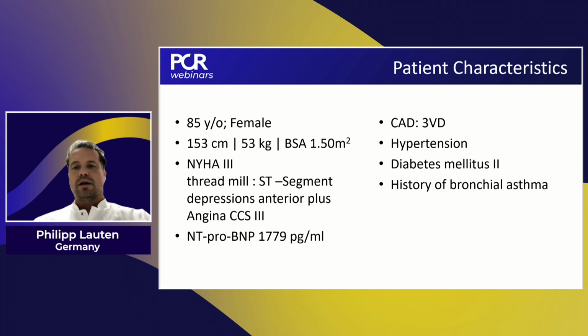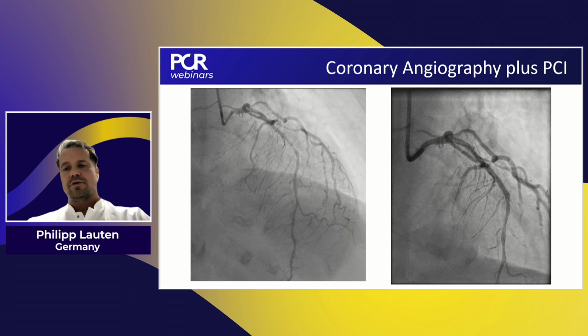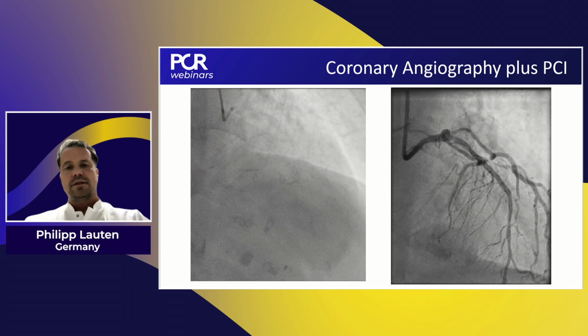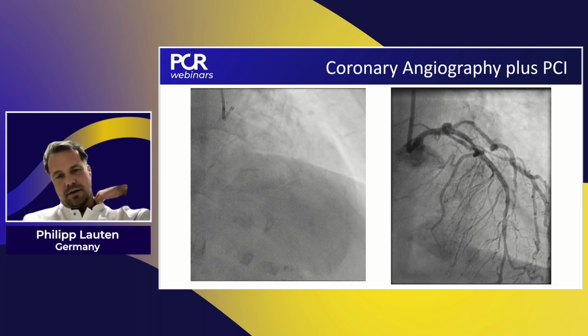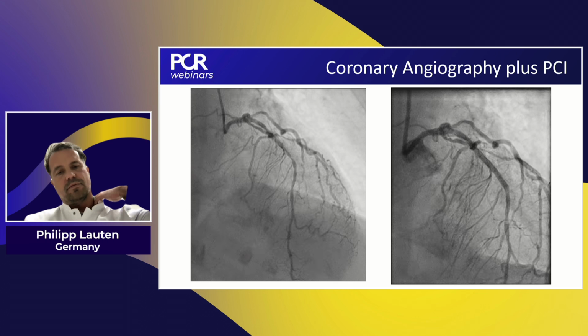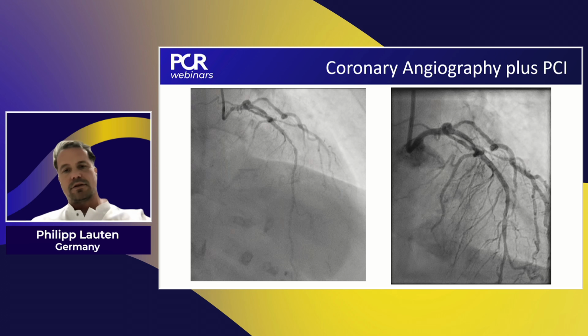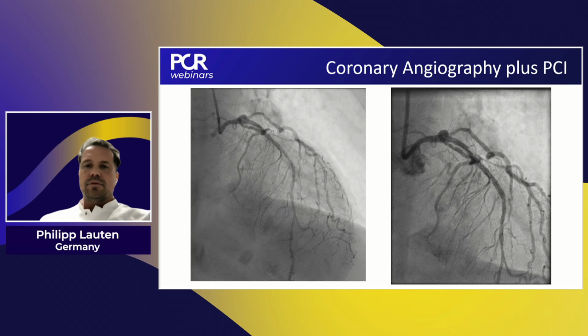So in our hospital, and I think in many others also, we perform the CT scan first. In the CT scan, and also due to a known coronary artery disease, we saw the stents which were implanted in the former history, and also a high and maybe relevant stenosis in the LAD. So we performed coronary angiography plus PCI.